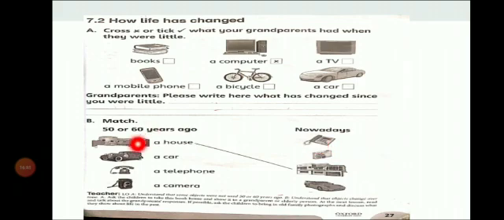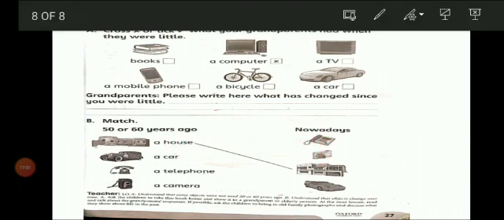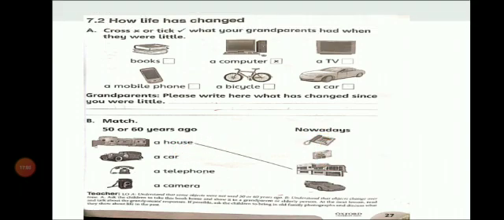Now look here, what is the first option? The first option is a house. Which picture is of the house? Yes, this one. So they have done it already for you. This house has been matched with this house in this column.